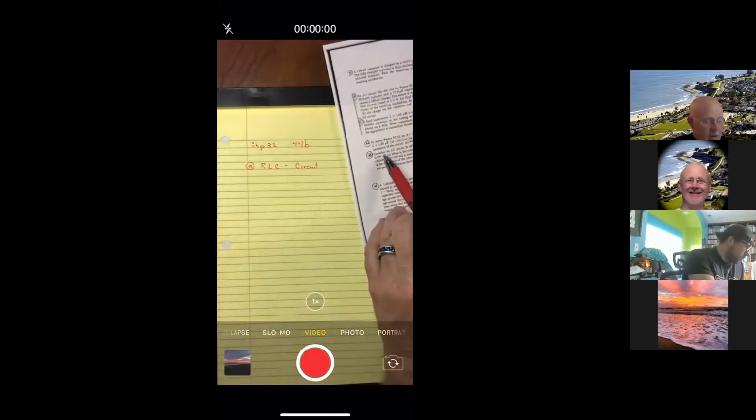Give me a second to jump to the textbook. I assumed it because they listed an L, an R, and a C. But I'm going to go to chapter 32 and look at figure 15. So that's figure 16. I got to be close.